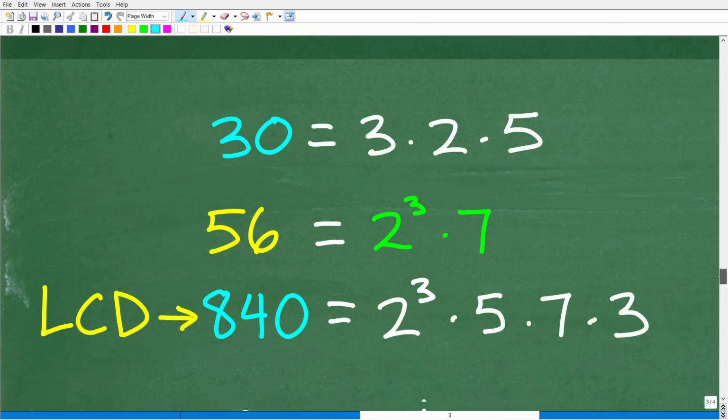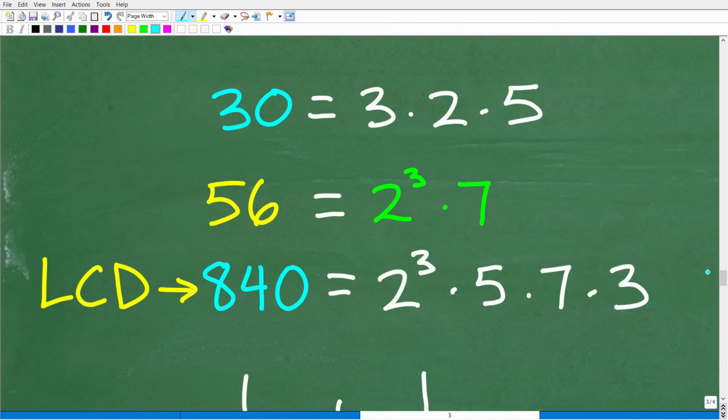So we're almost there. Here are our denominators. We have 1 over 30, and the factors of that denominator are 3 times 2 times 5. We know the LCD is 840, which is 2 cubed times 5 times 7 times 3. Let's think about what's missing. Is the 3 from 30 already in my LCD? Yes, it is.